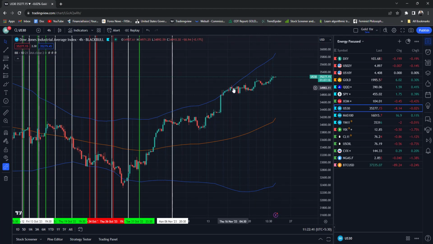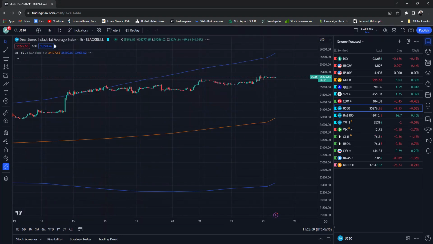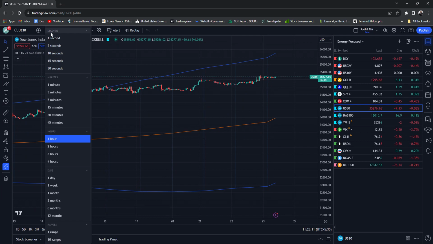The Bollinger Band is widening, which means the standard deviation is widening, because the market is getting even more volatile, since the price is already exhausted. That's what's been happening.